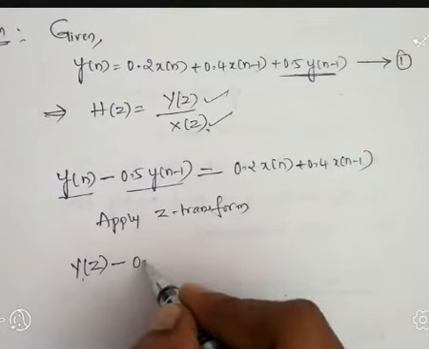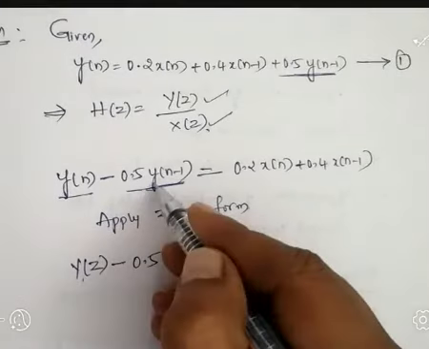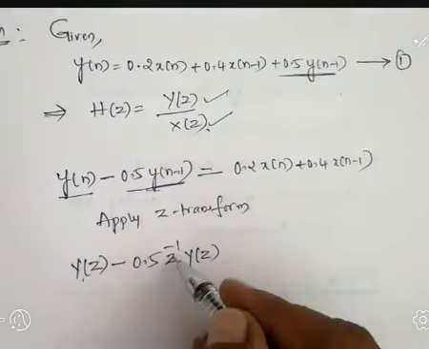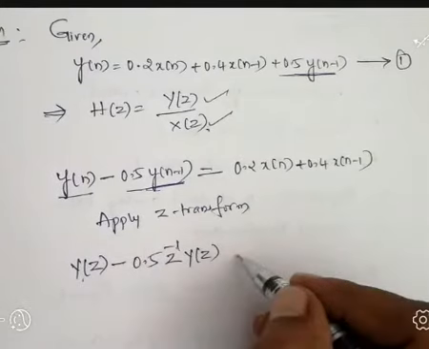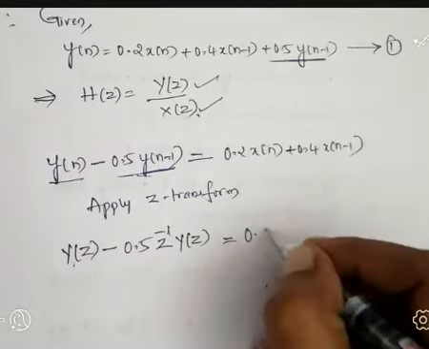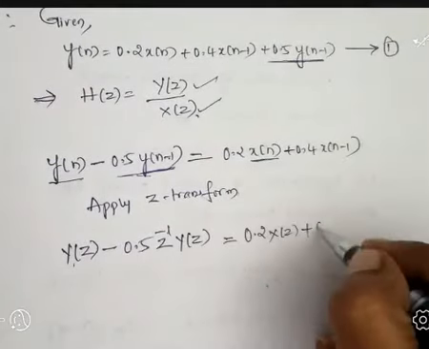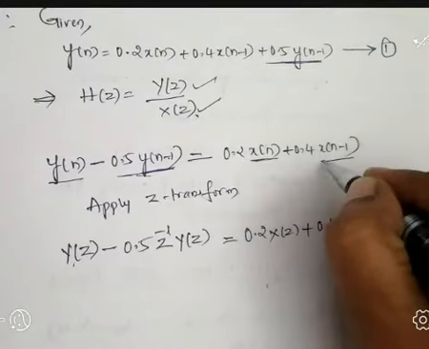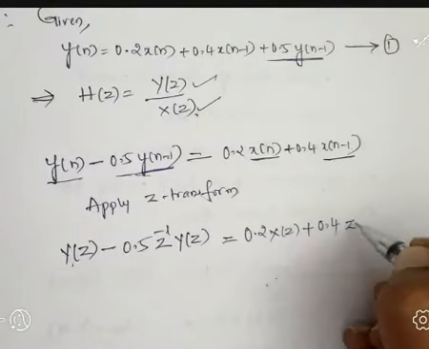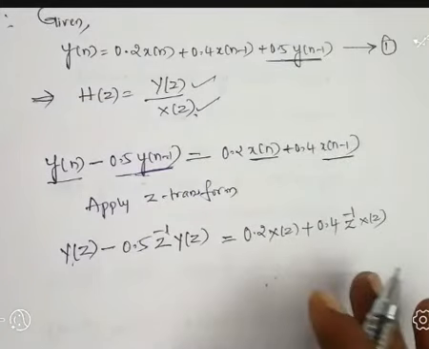The z-transform of this one is z to the power minus 1 Y(z), because y(n) is delayed by one time, so the power term is minus 1. Similarly, on the RHS, 0.2 times X(z) plus 0.4 times the z-transform of x(n minus 1), a one-time delay, z to the power minus 1 X(z).